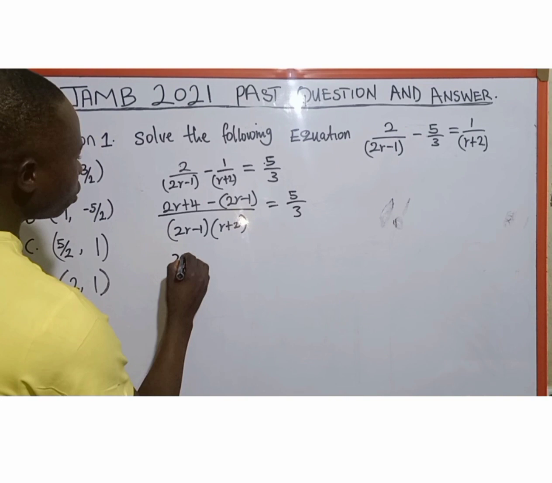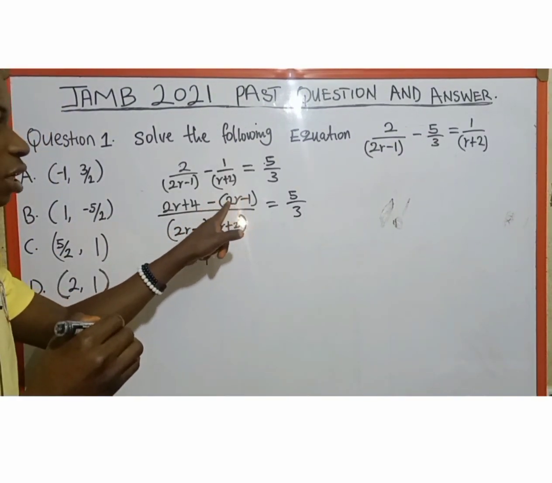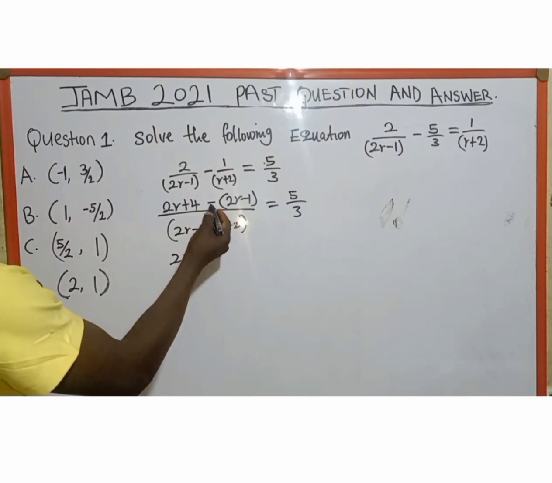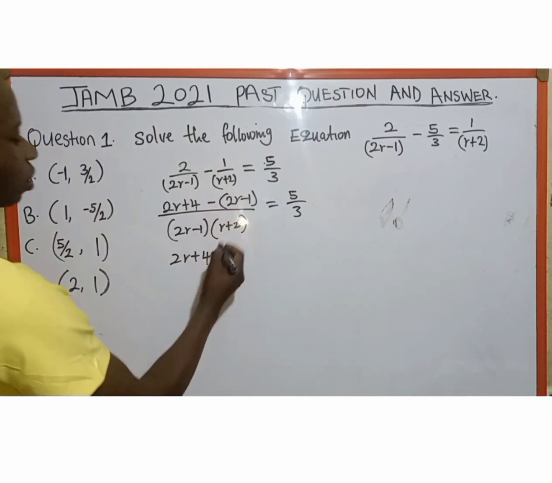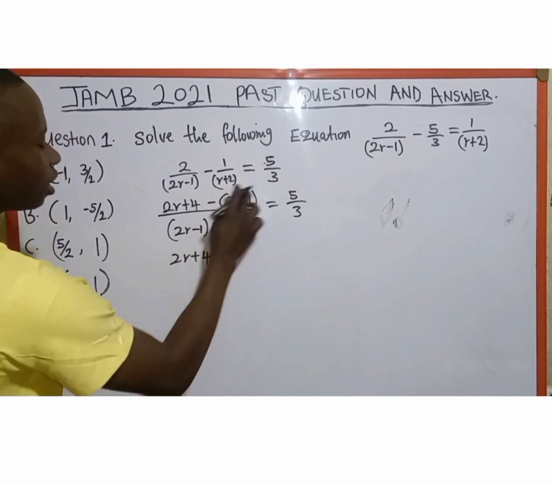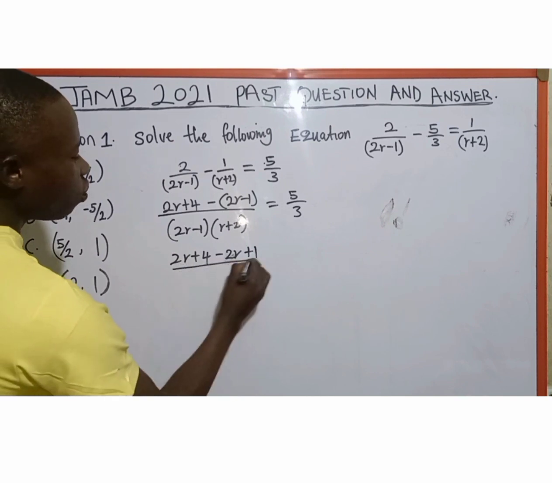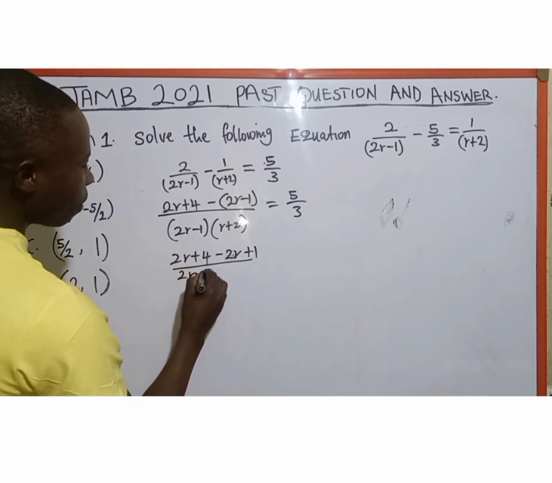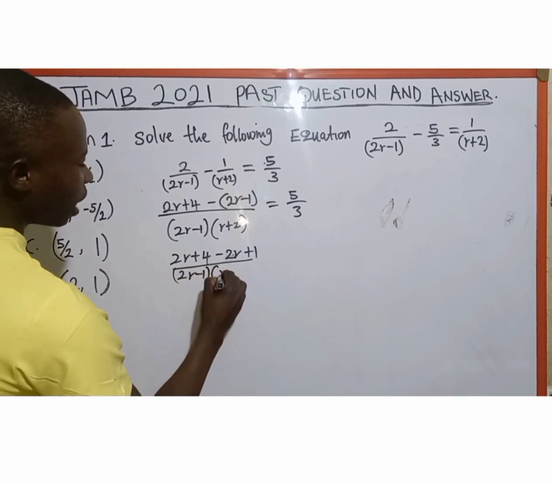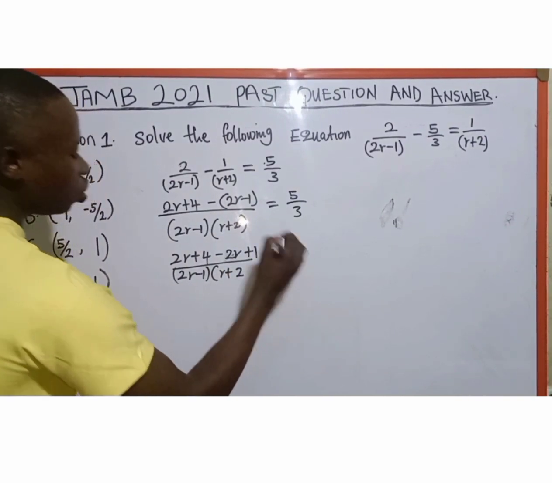We are going to have 2r plus 4. Remember, this negative is going to affect each sign in this bracket. So negative multiplied by 2r is going to give me negative 2r. Then negative multiplied by negative 1 is going to give me positive 1. Then over 2r minus 1 multiplied by r plus 2, which is equal to 5 over 3.